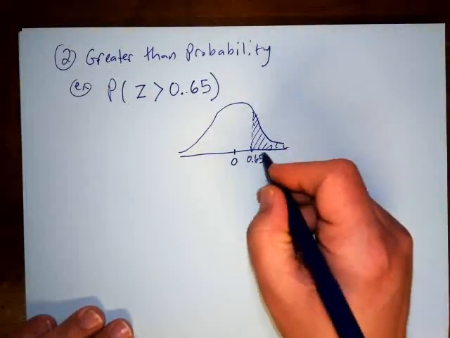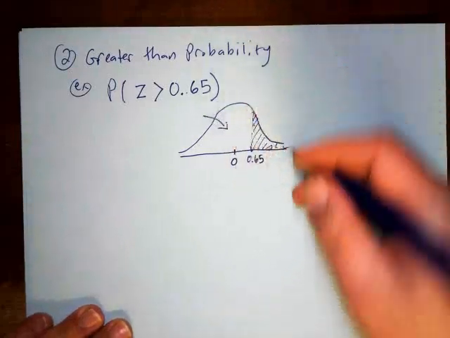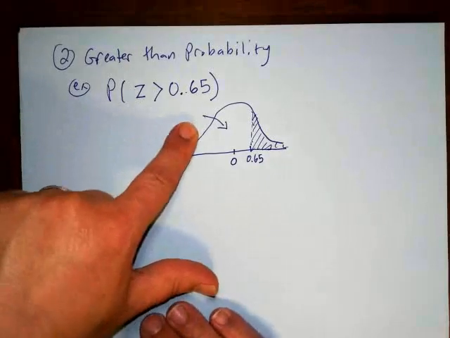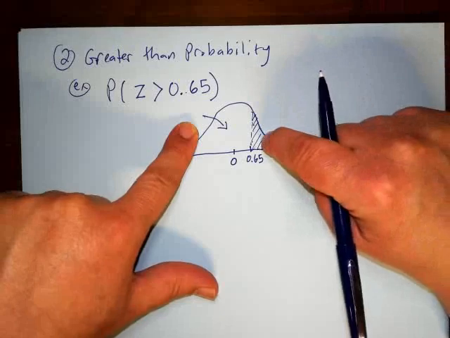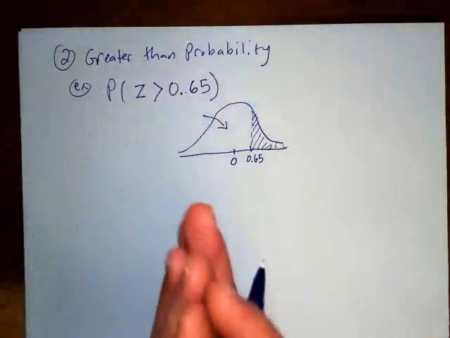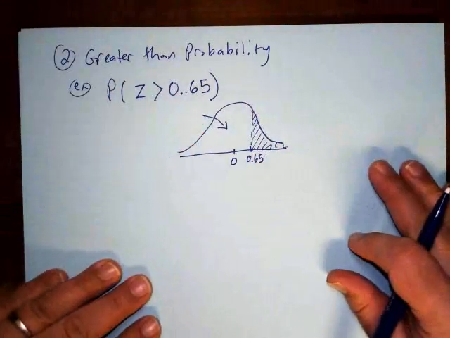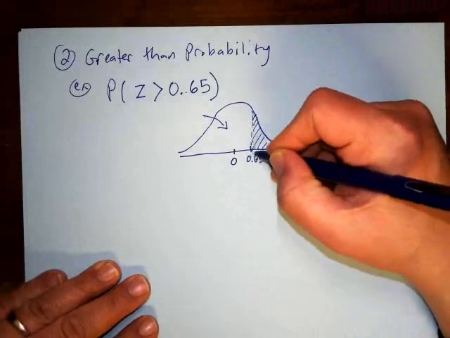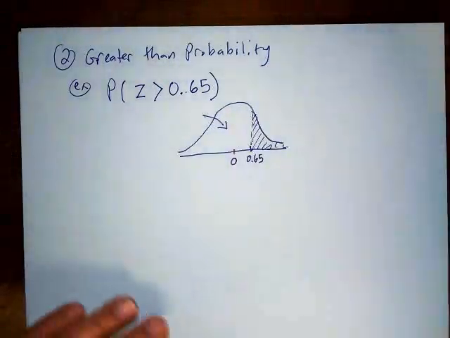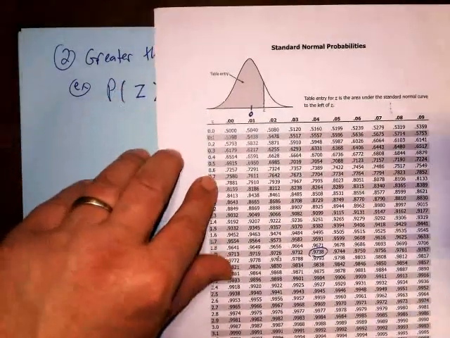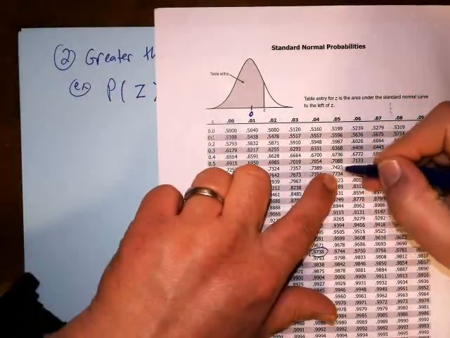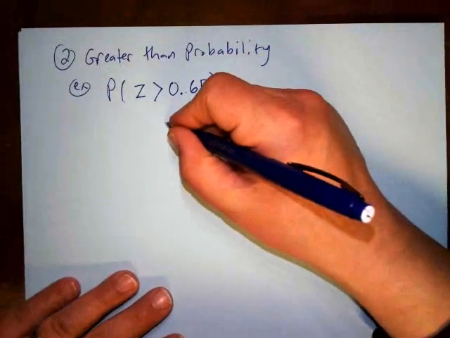Now when I look up that z-score, it'll give me the area to the left, because the table always gives me that area. Then I can find this area, and as we saw in the last video, this area is just 1 minus that area, because the two areas add up to 1. So it's a complementary probability. I'm going to look this up on the table. On the positive side, I look up 0.6, 0.05, where these intersect, I get 0.7422.